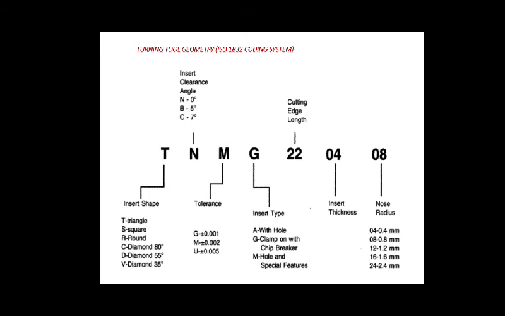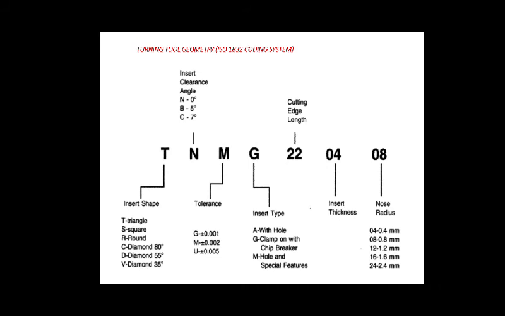T is nothing but the insert shape, whether it is triangle shape (T), S square shape, R round shape, C diamond 80-degree shape, D diamond 55-degree shape, or V diamond 35-degree shape. This is the shape of the insert.